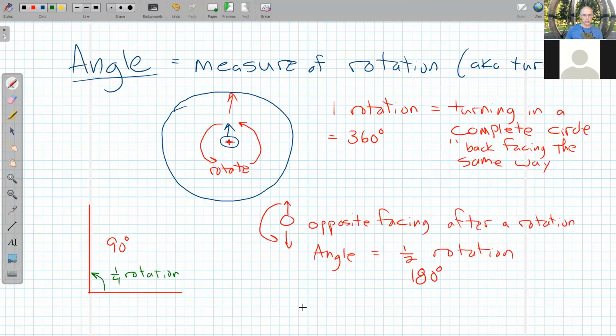But the question here is, why 360 degrees? Do you happen to know why? Why would there be 360 degrees in a full rotation? You know, any idea?